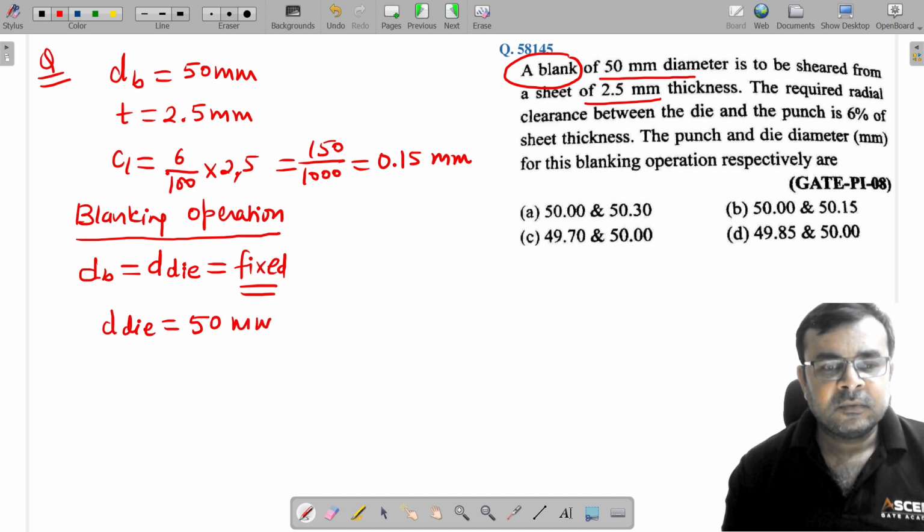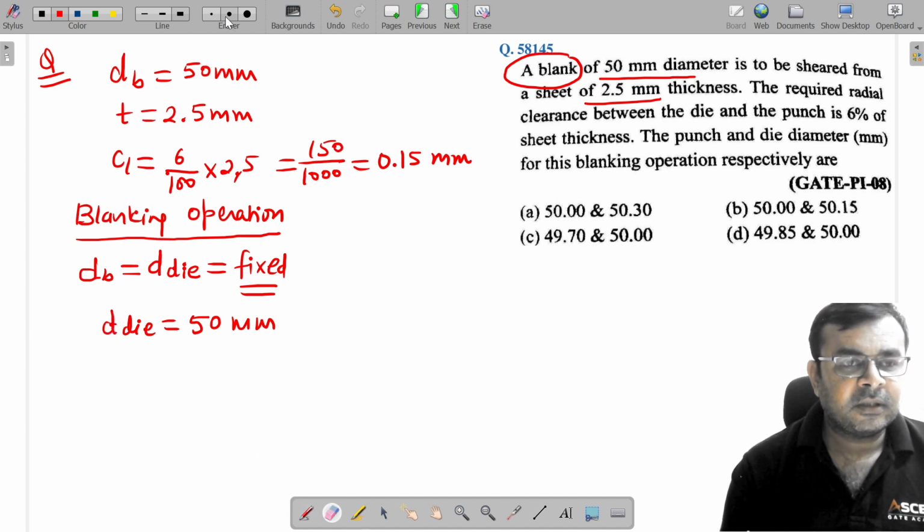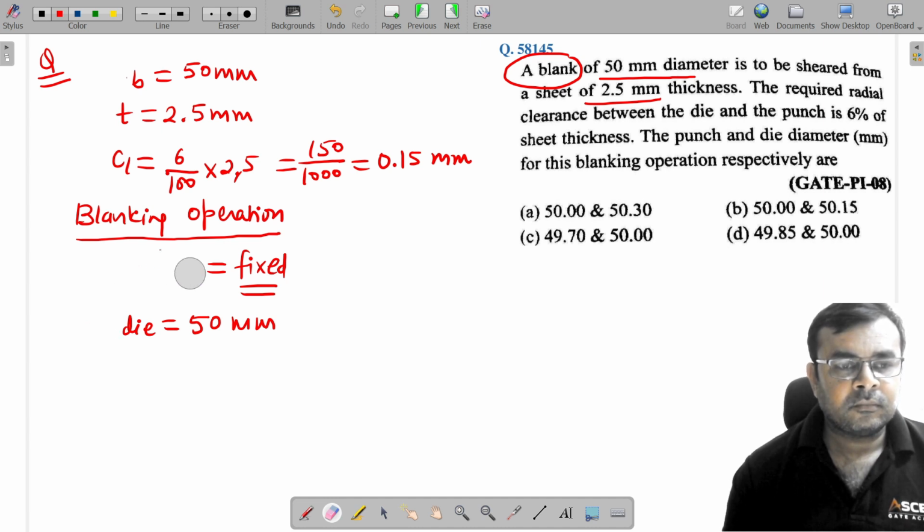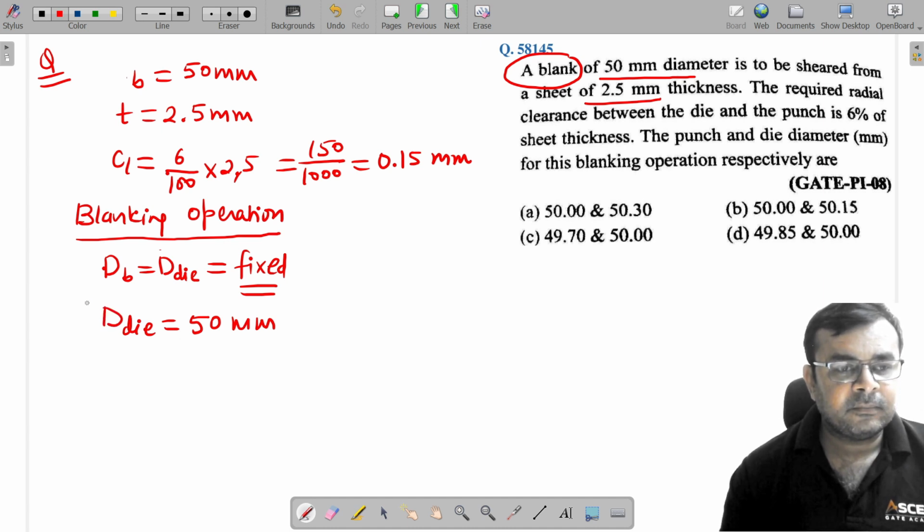So from this, simply can I write the diameter of the die is nothing but 50 mm. So here we need to calculate the diameter. Diameter of the blank is equal to diameter of the die. So the diameter of die is 50 mm, correct?